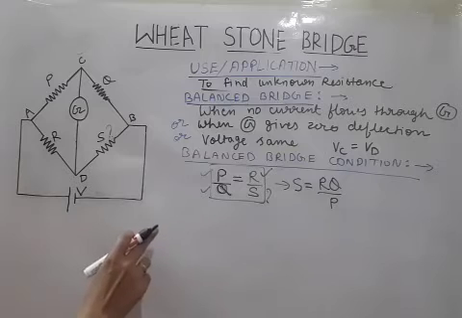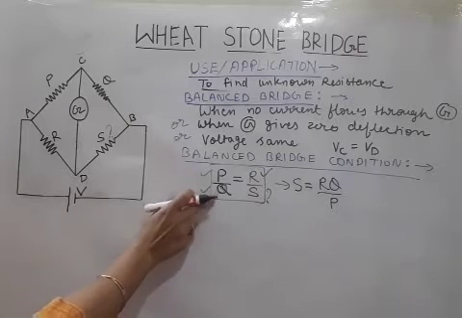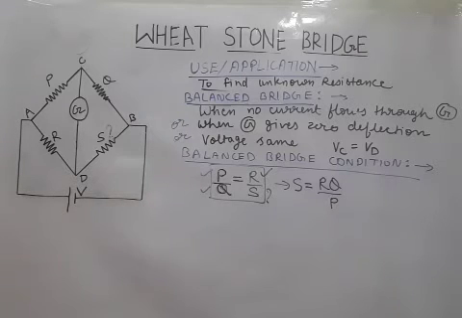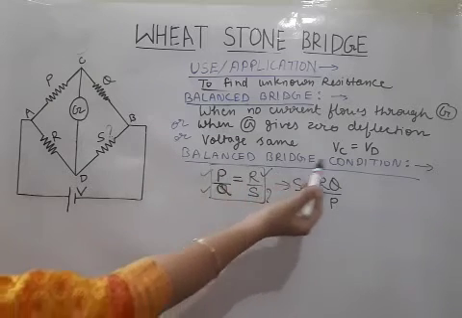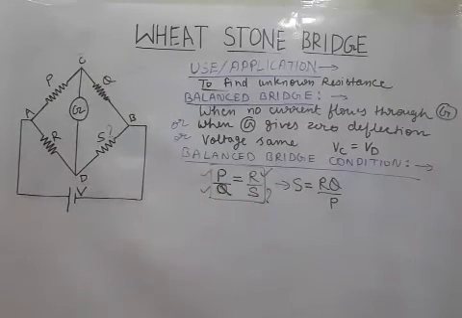But this equation is only valid when the bridge is balanced. That's why we call this equation the balanced bridge condition. Now our target next is that we have to derive this condition, that how we have obtained this condition, why these four resistances are connected with this equation.